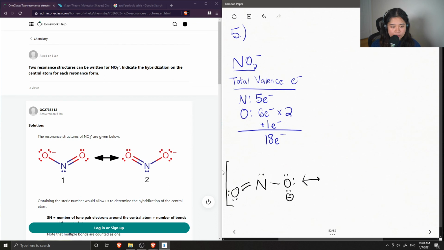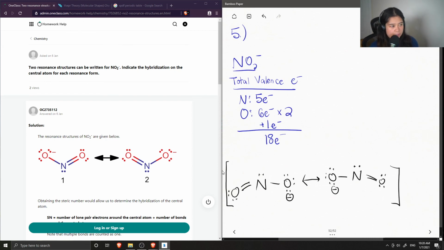And the second one will have the other oxygen having a single bond, and the rightmost oxygen now having the double bond. Okay, so this is the second resonance structure as well.